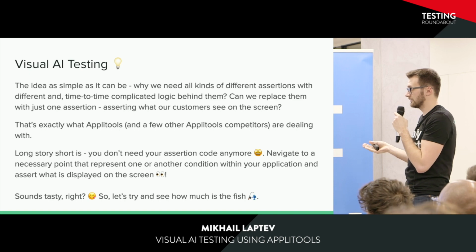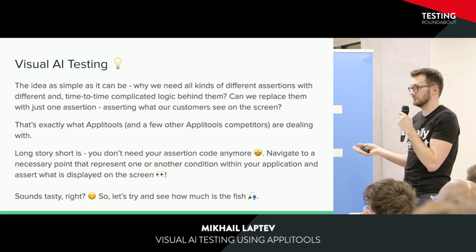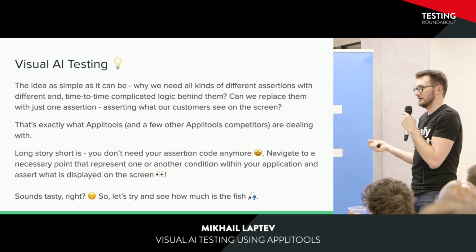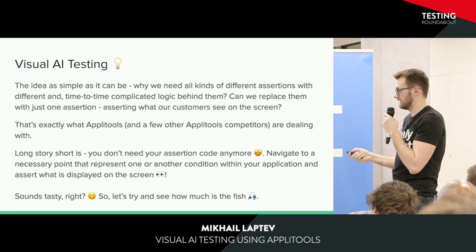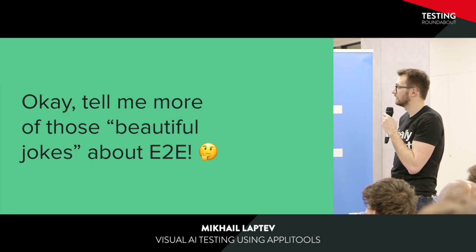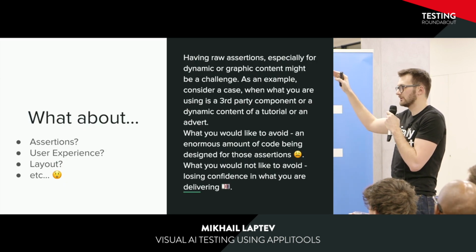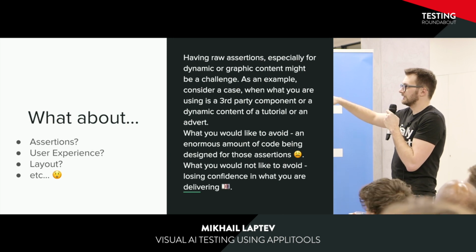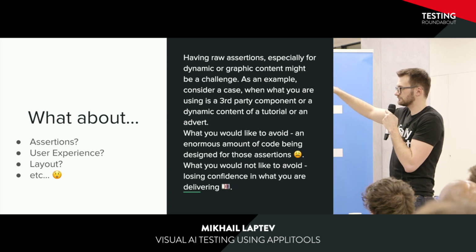Sounds easy, right? The leader in the market is Applitools. There are a few competitors that you can also use, but at the end of the day, you have an enormous amount of raw assertions that now you don't need. Even more, you don't need some support in your framework for those.